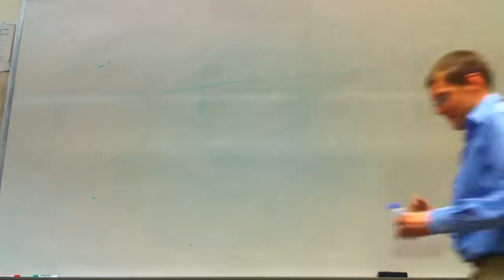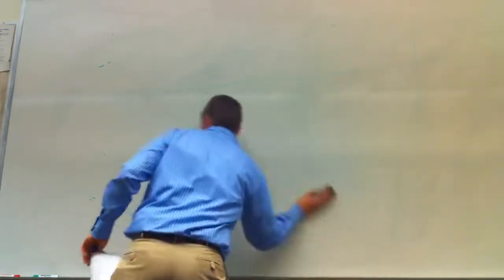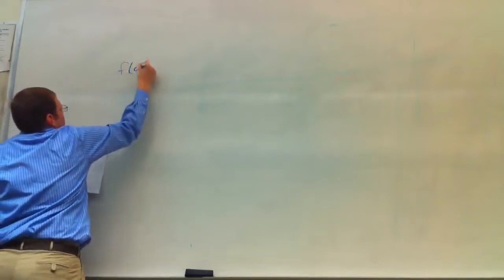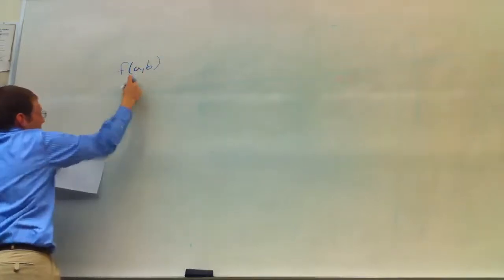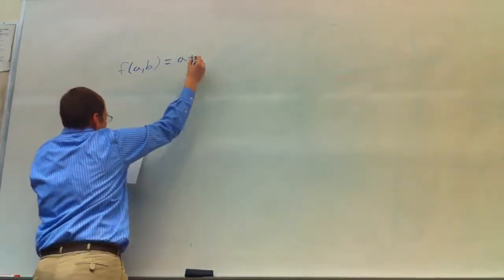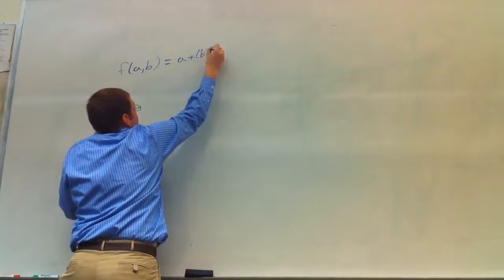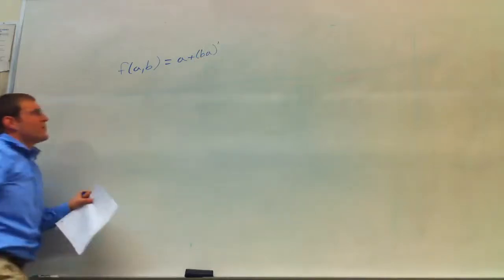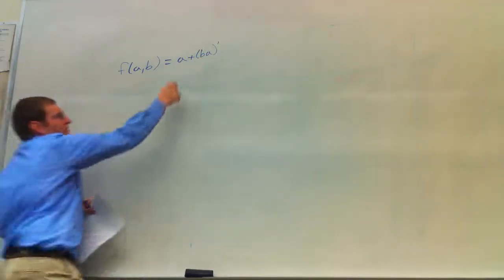I'm going to start with a simple one. So here's my function. I have inputs A and B, and it equals A or (B and A not). Alright? So if I look at this, I can see right away, I can apply De Morgan's law on this part of the function right here.